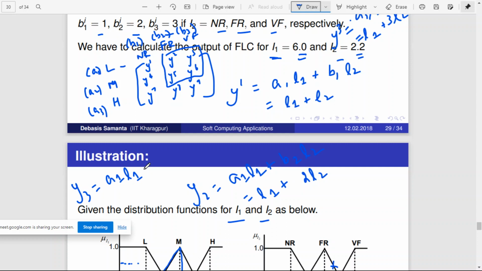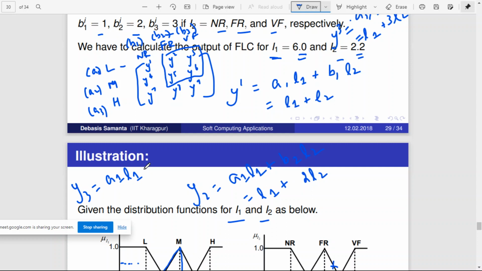So this is A2 L1 plus B2 L2. What is A2? 2, so 2L1. What is B2? 2, so 2L2. So it is 2L1 plus 2L2, right?